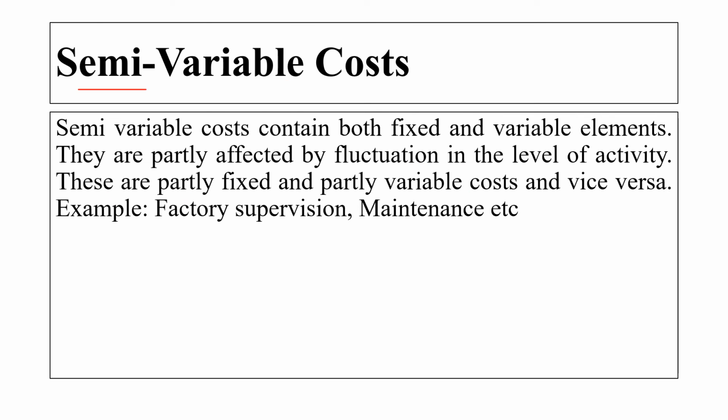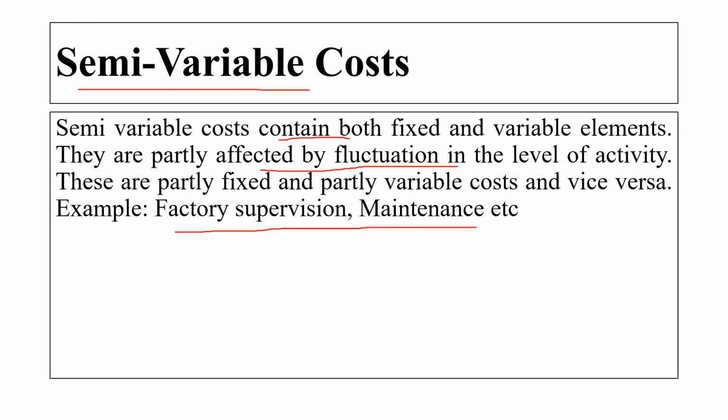There is a semi-variable cost. Semi-variable cost contains both fixed and variable elements. They are partly affected by the fluctuation in the level of the activity. These are partly fixed and partly variable cost and vice versa. For example, factory supervision, maintenance.